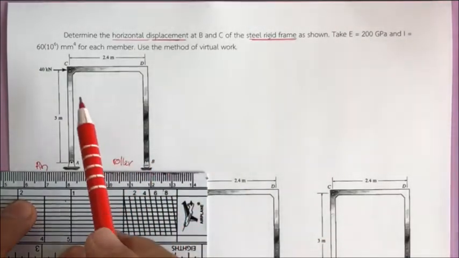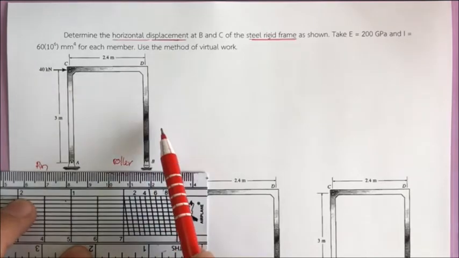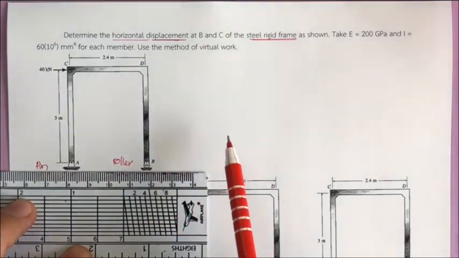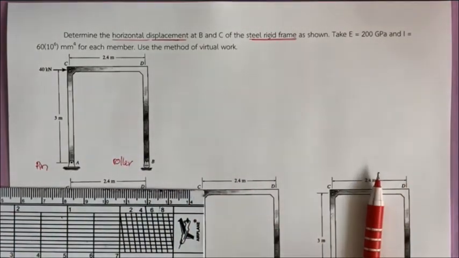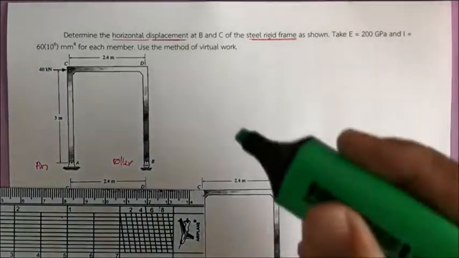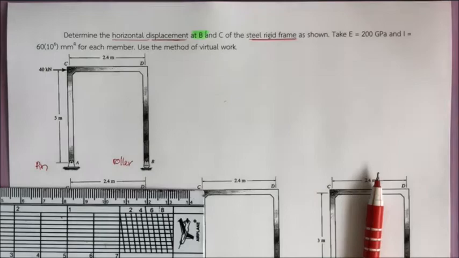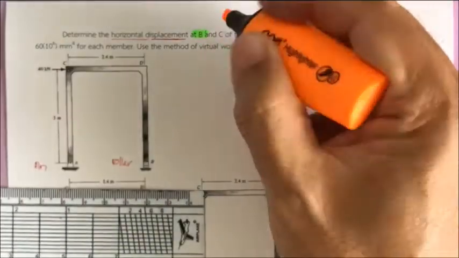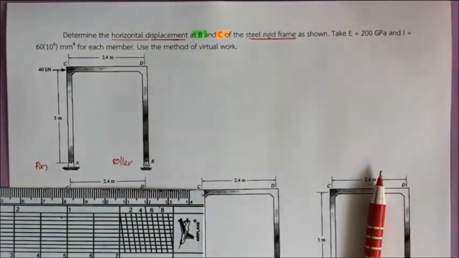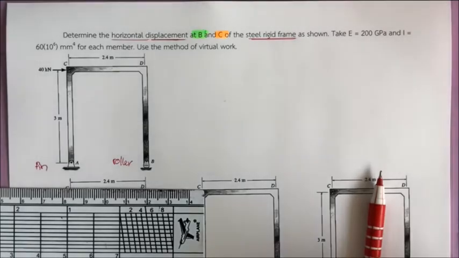Under application of the force, this frame is going to deform, and we are required to determine the displacement at B and also at C. This steel frame has two columns and one beam.